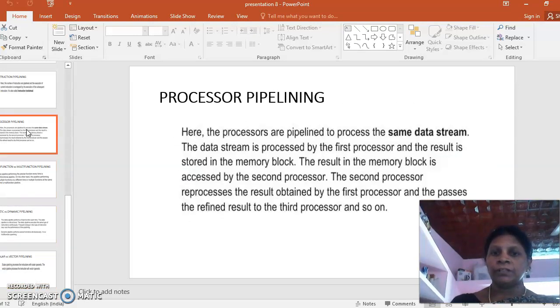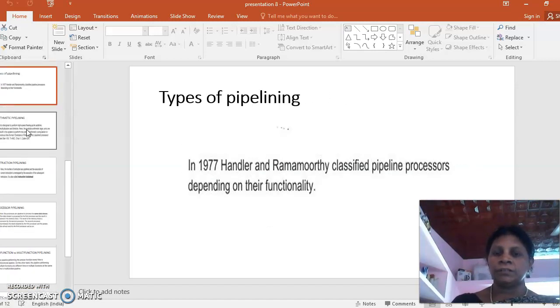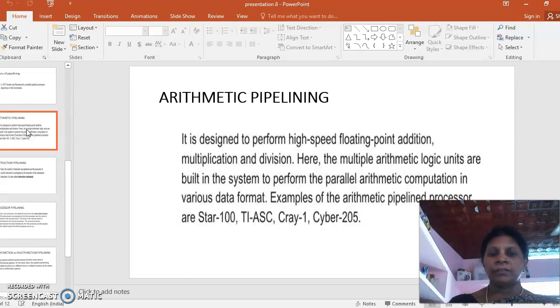In the year 1977, Handler and Ramamurthy classified these pipeline processes depending on their functionality. So the first one is arithmetic pipelining.